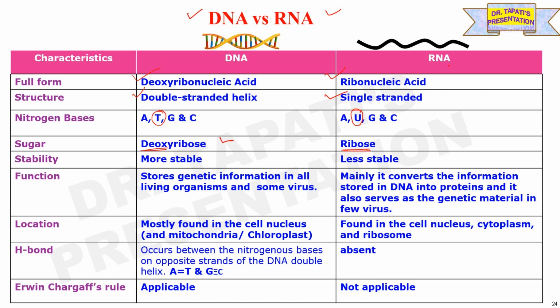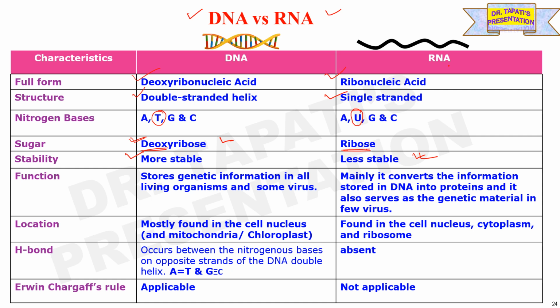If you consider stability, DNA is more stable due to the double-stranded structure, and another reason is that it has deoxyribose sugar. Due to these two major reasons, DNA is more stable, whereas RNA is less stable, mainly due to its single-stranded structure, as well as its ribose sugar, which is more reactive as compared to deoxyribose present in DNA.